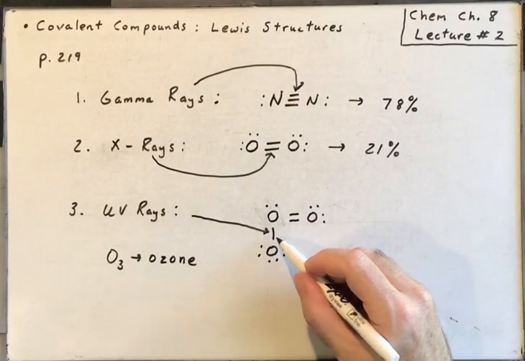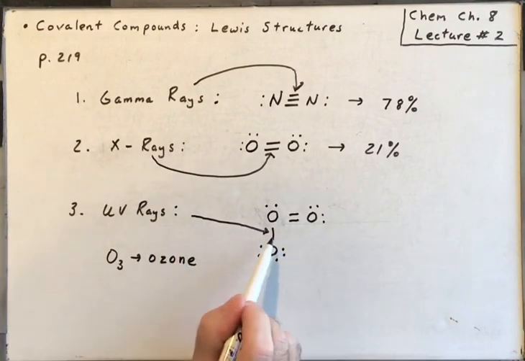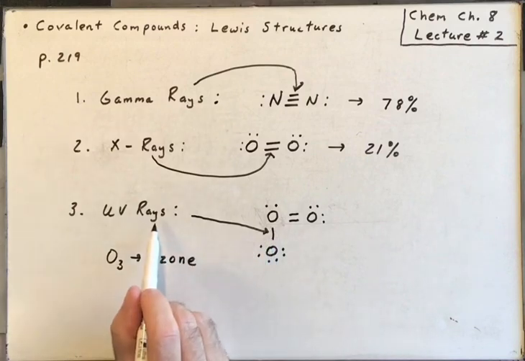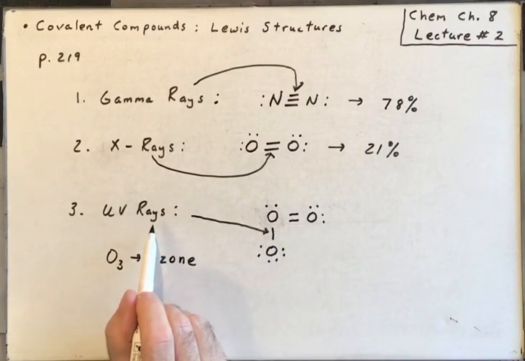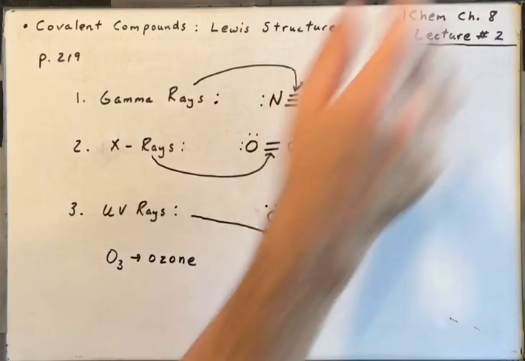And then when they break that bond, all their energy is dissipated. If we didn't have the ozone layer, we would really have to protect ourselves a lot more from UV rays. We would always have damaged skin from that. So that completes Chapter 8.